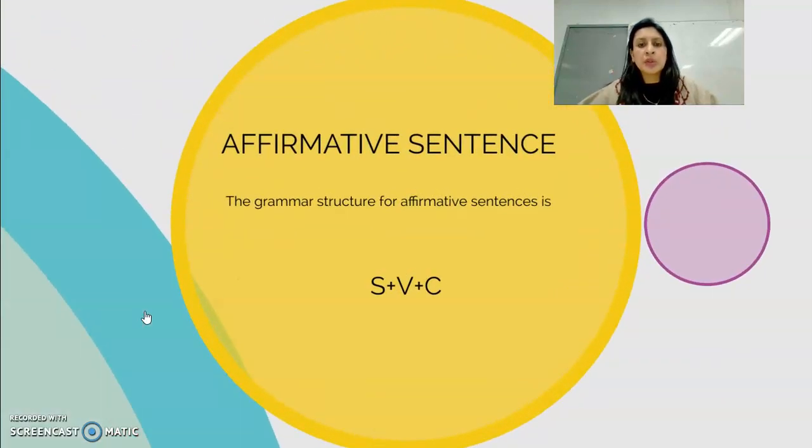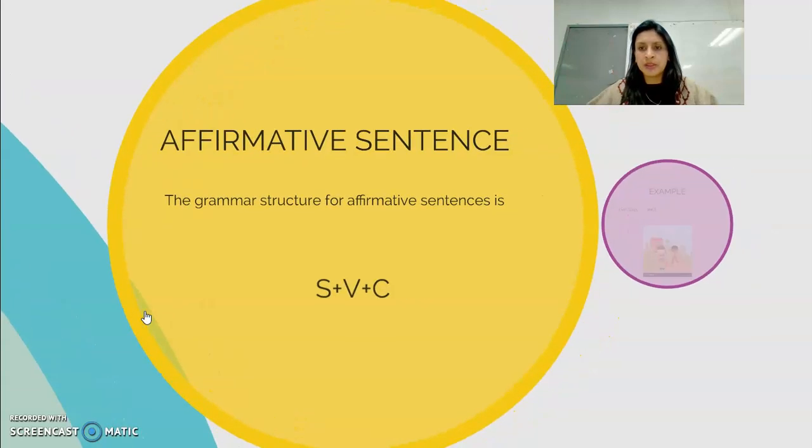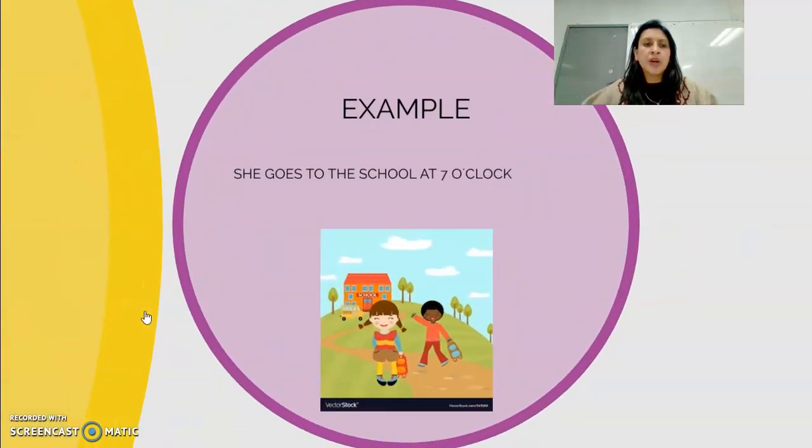The grammar structure to make an affirmative sentence is the subject plus a verb plus a complement. And the example we are going to say is: she goes to school at 7 o'clock. In this case, she is the subject, goes is the verb, and to school at 7 o'clock is the complement.